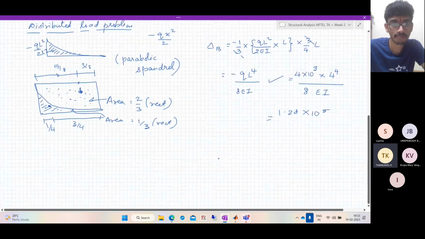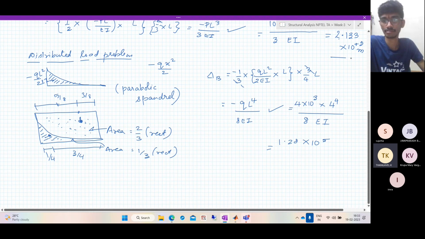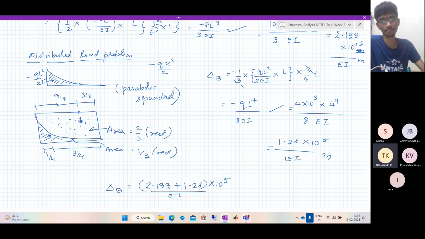So what is the total? So total displacement by EI. There's a by EI everywhere. So this is by EI, meters. So total displacement is 2.133 plus 1.28 into 10 power 5 by EI, by principle of superposition.